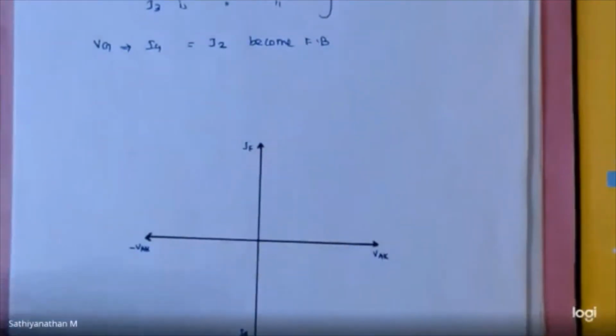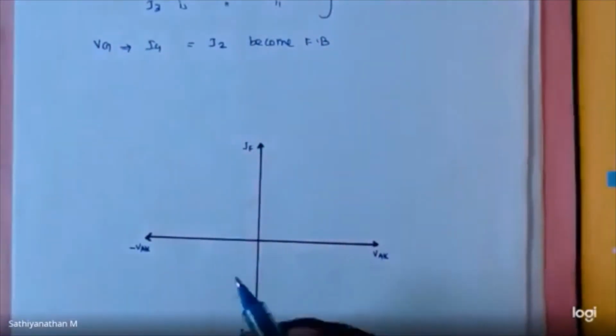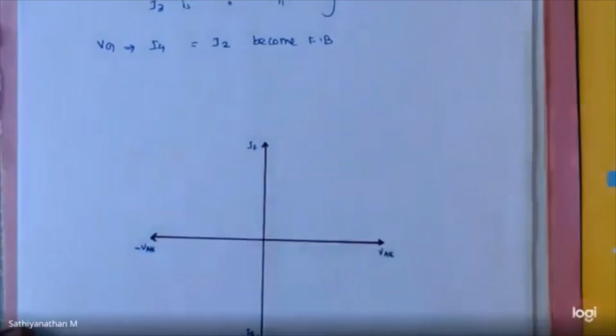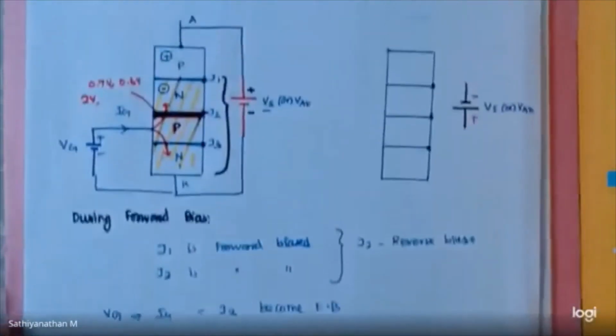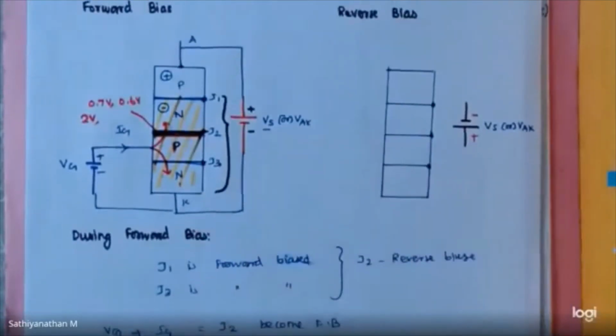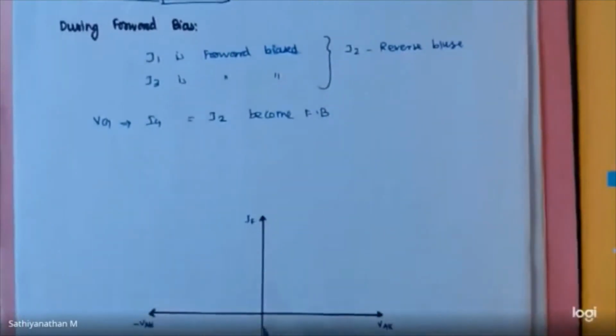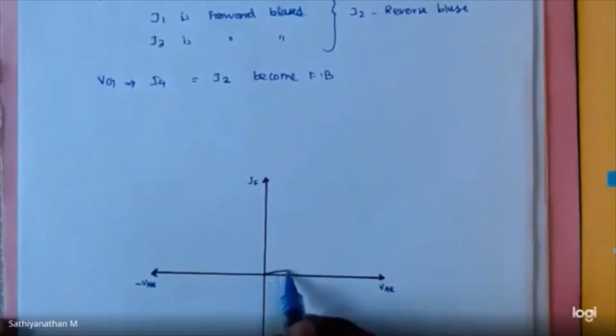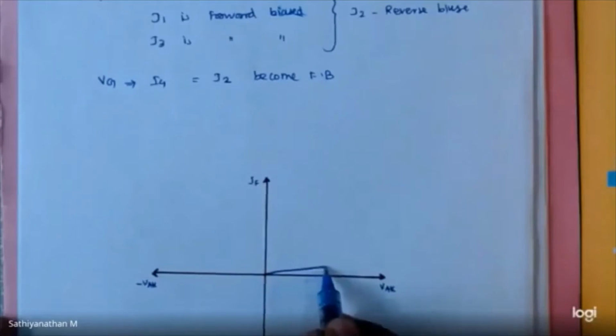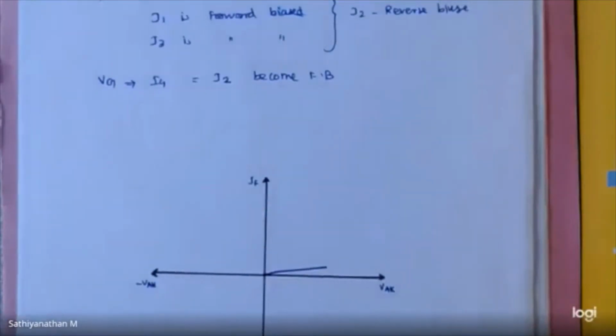Okay. If you draw the VI characteristics of this SCR, you have the anode cathode voltage, also known as your supply voltage. When you increase the anode cathode voltage without gate, there is no conduction. You have a minimum amount of leakage current due to the forward bias voltage.